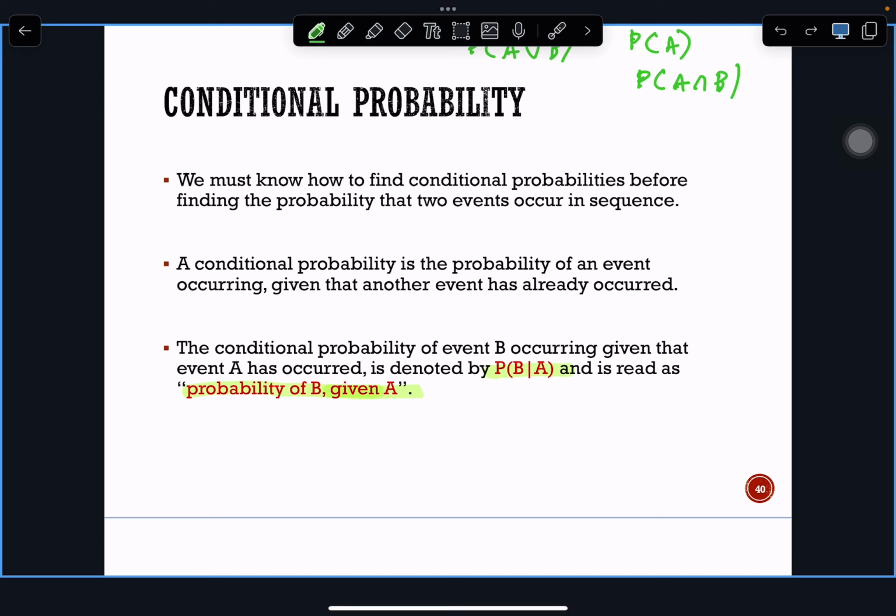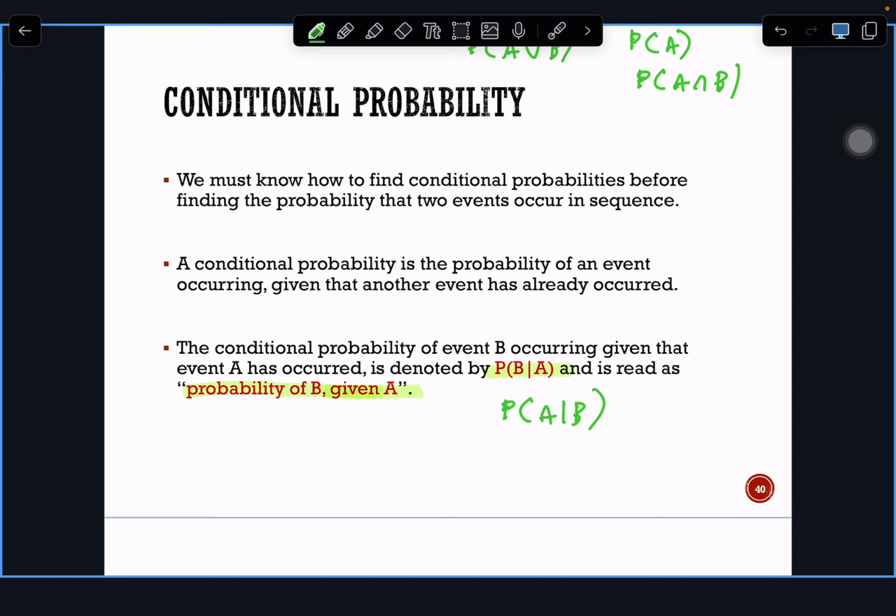If you have P(A|B), this one is the probability of A given B. You may see this one is almost the same, P(B|A) or P(A|B), only the position changes, but it means something else.